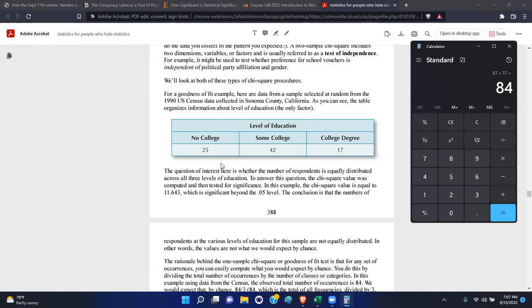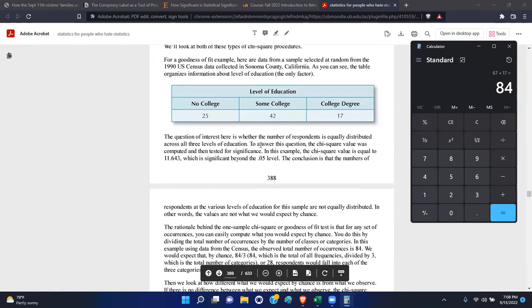But what we want is a statistical evaluation of the distribution. We don't want to use our common sense or hunches or educated guesses. We want to use an analytic technique to help us ascertain the quantitative nature of this distribution, and that's what the chi-square does.